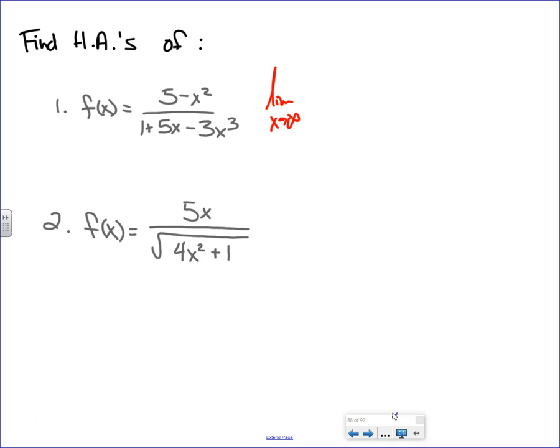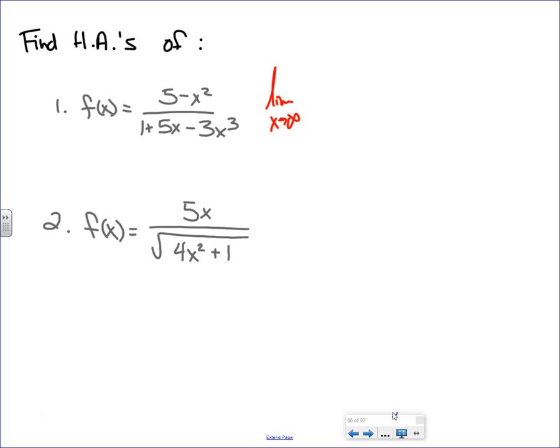Technically, we would need to check both the limit as x goes to infinity and the limit as x goes to negative infinity. But just for the sake of illustration, let me just go to positive infinity. There's only two times where you'd have to actually check both positive and negative infinity. Otherwise, there'll be an agreement. Ooh, 3 times. Struggle.